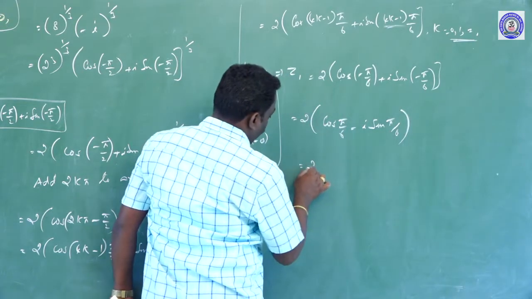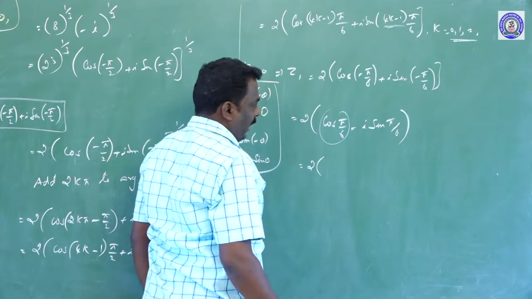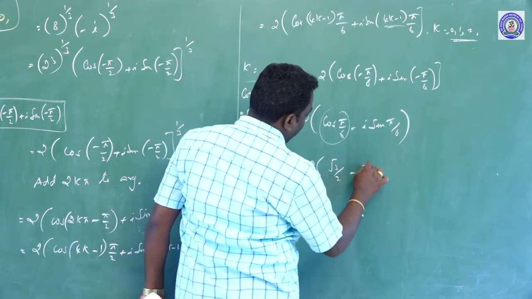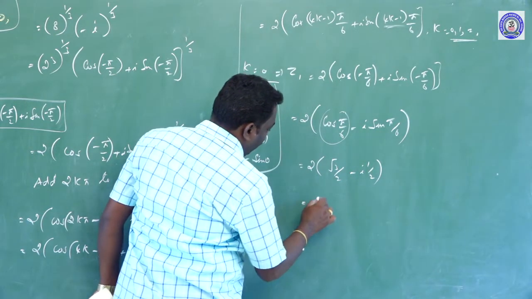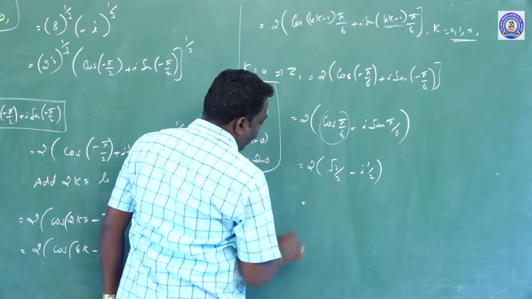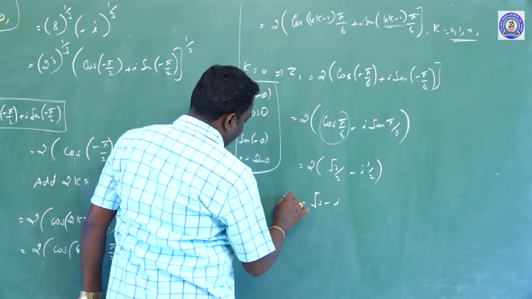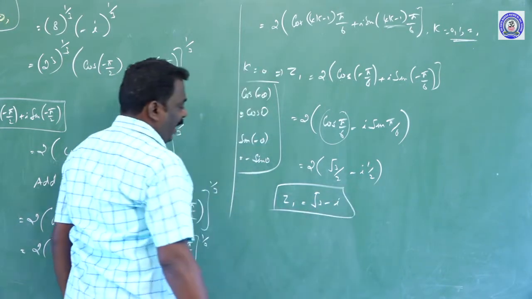Now that is equal to 2 into cos pi by 6, which is cos 30, and cos 30 is root 3 by 2, minus i sin 30, which is 1 by 2. Just multiply 2 inside the bracket, the 2s are cancelled, giving root 3 minus i. Therefore the first complex number, defined by z1, equals root 3 minus i.